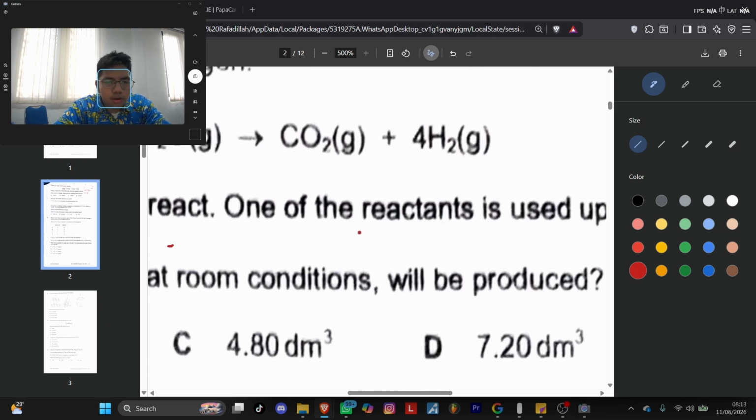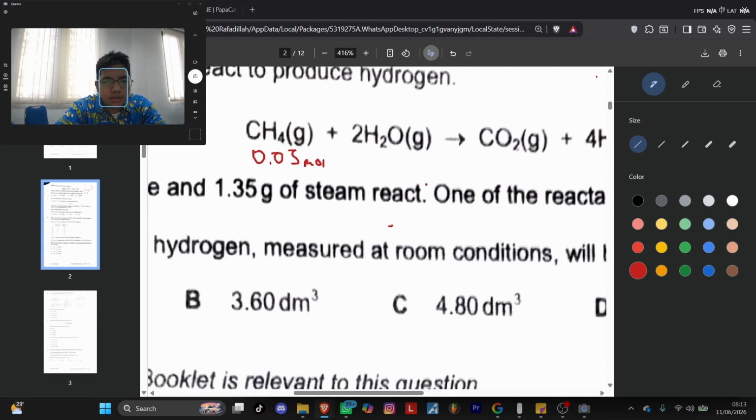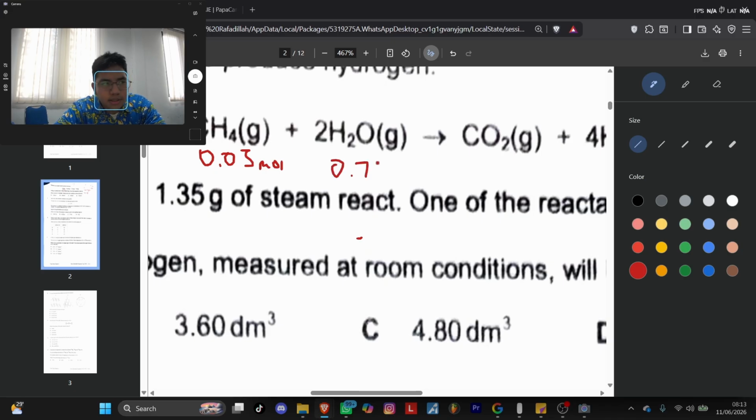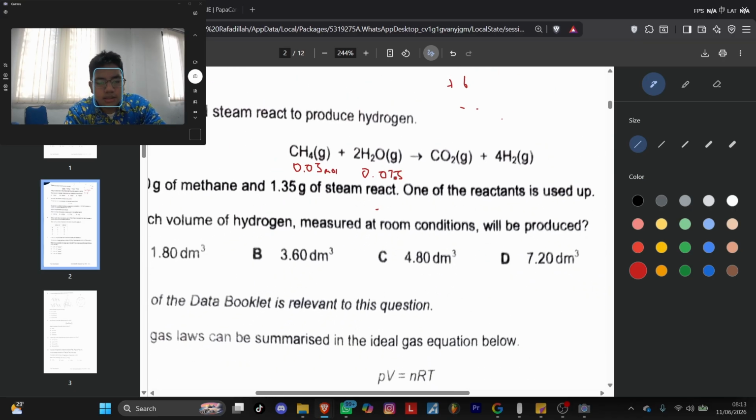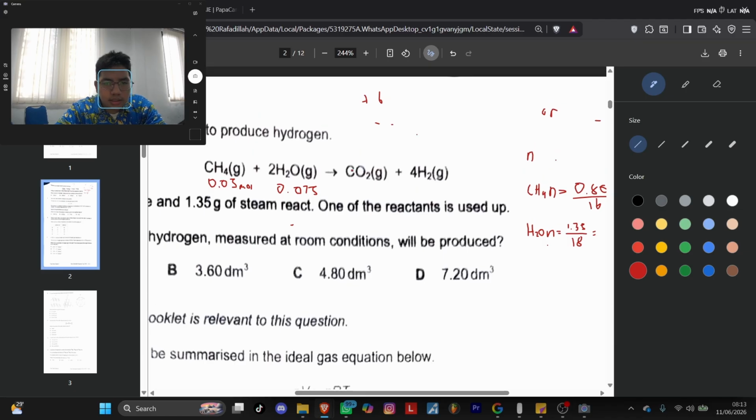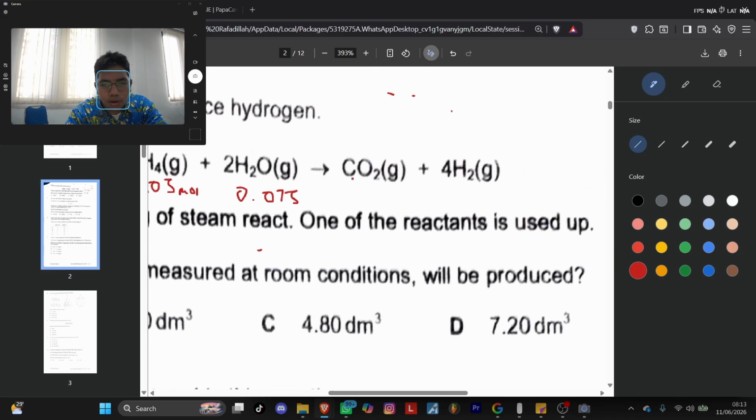So 2 mole of H2O is equal to 0.075. If you're done with me, you can just use a calculator. Okay, from this we know that 1 mole equals 0.05, 2 mole is equal to 0.075.